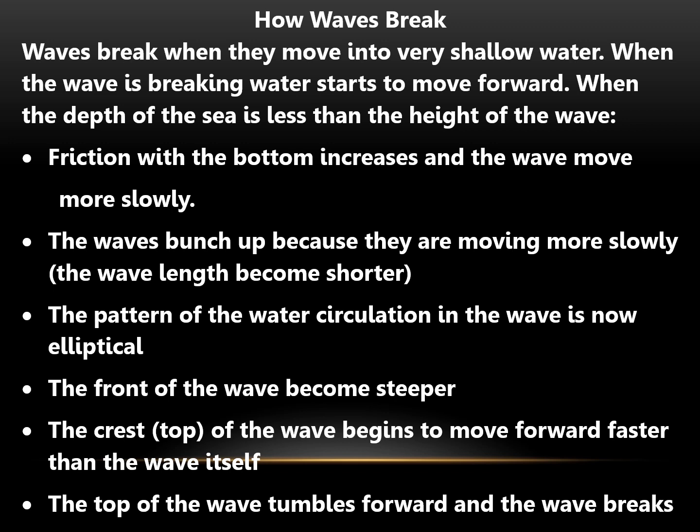When it gets too tall, as it continues to move forward, it then breaks or plunges. So you see the white top part of the wave begins to tumble over into the water or onto the beach as it is coming in. And that's what we call a wave break.